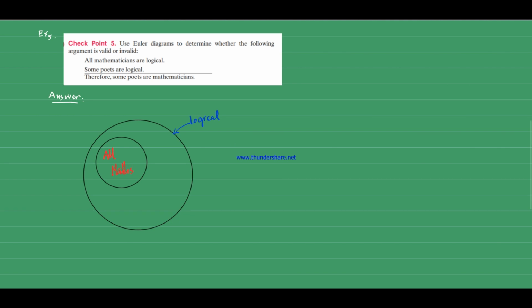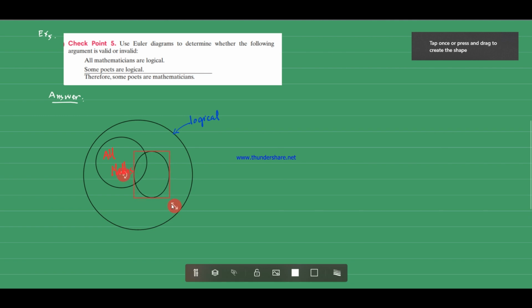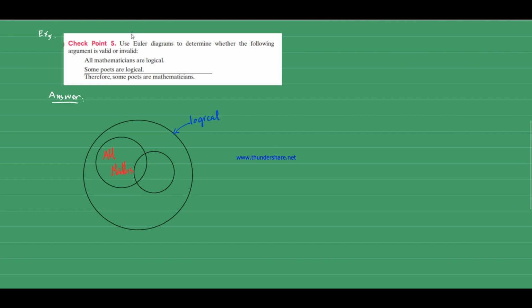Some poets are logical. Okay, some poets are logical. Let's draw another one. Some poets are logical. So poet over here.